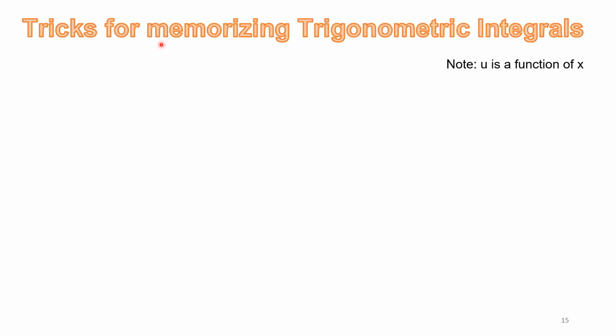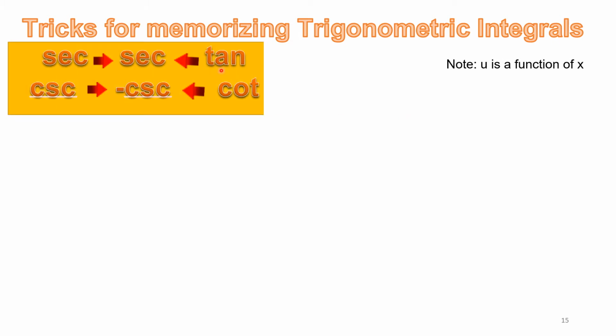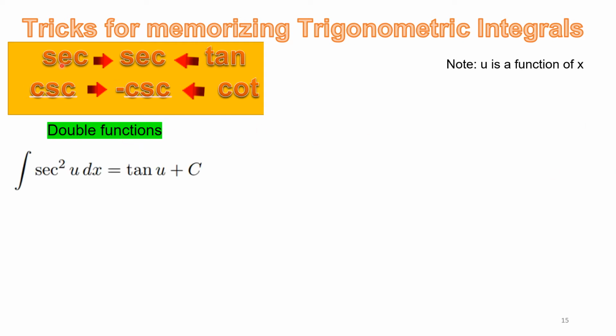So here's the trick for memorizing the trigonometric integrals. Note that u is a function of x. Again, we make use of the box with secant, secant tangent, cosecant, negative cosecant cotangent. We first consider the double functions. The integral of secant squared, secant times secant, is tangent u.